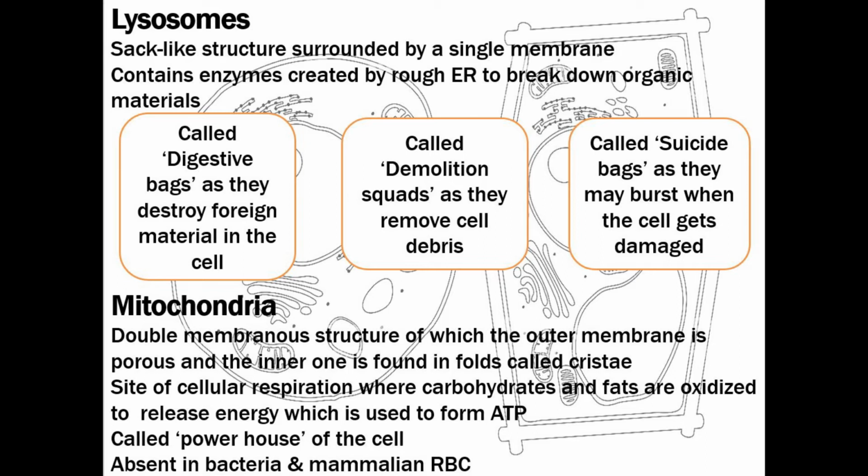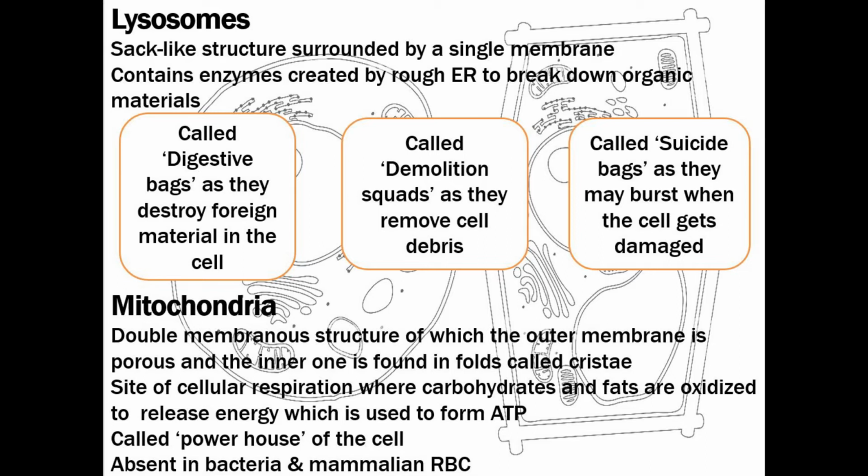Moving on to the next important organelle, that is mitochondria. We have always known that the mitochondria is called the powerhouse of the cell, or in Bengali we say kosher shakti ghor. So what is this? A double membranous structure of which the outer membrane is porous and the inner one is found in folds called cristae.